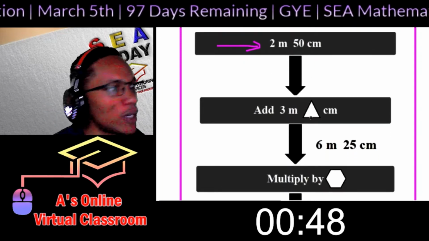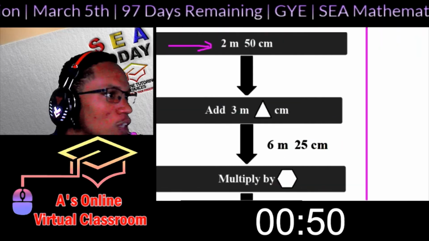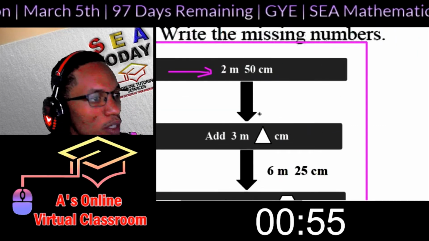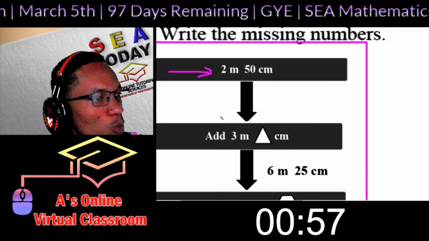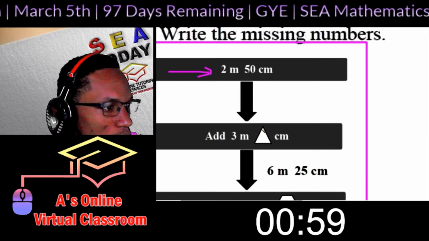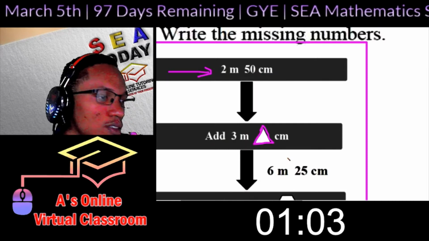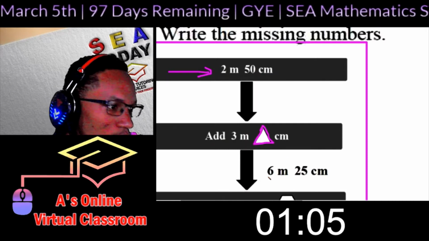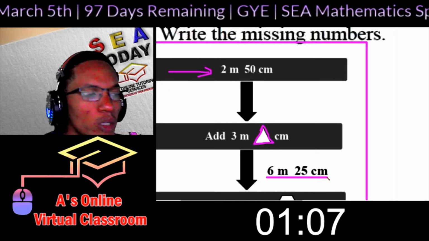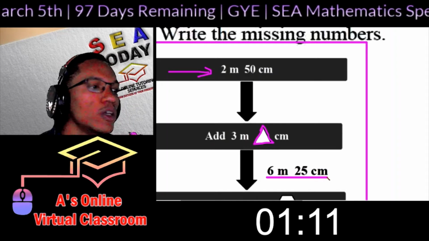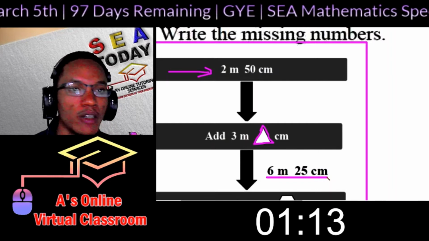So this first part of the machine here says 2 meters 50 centimeters. That's the first thing you go in, and then you add 3 meters and triangle centimeters, and you get 6 meters 25 centimeters. So how are we able to figure out what the triangle is?